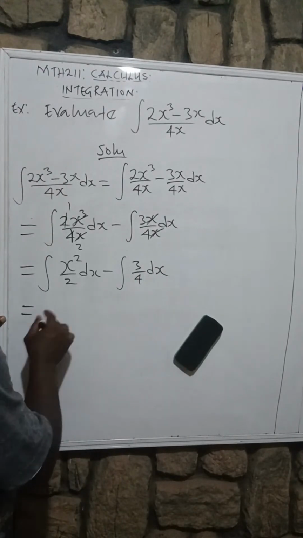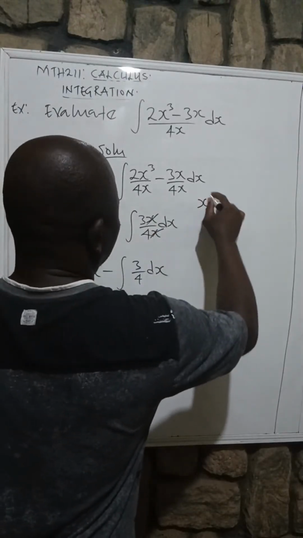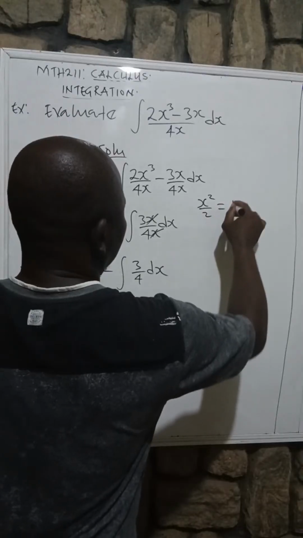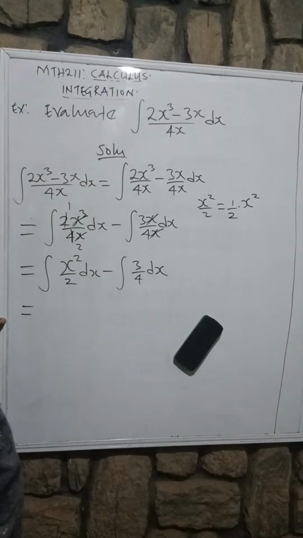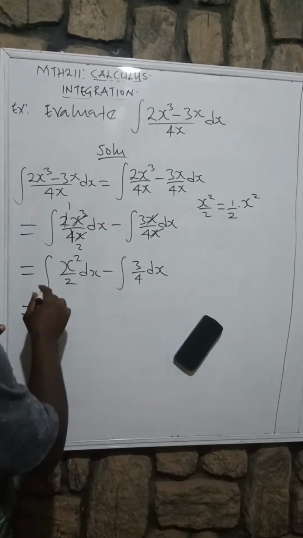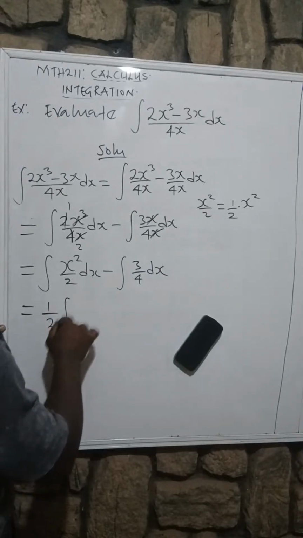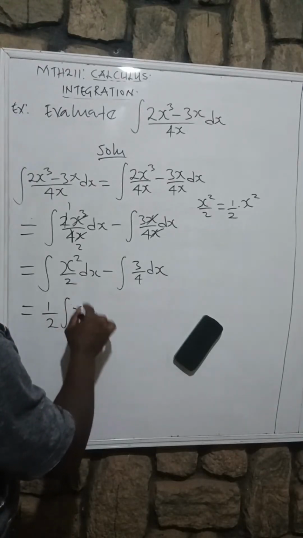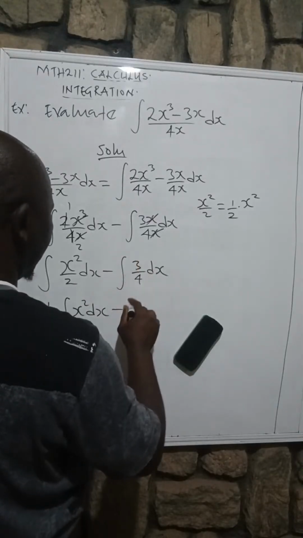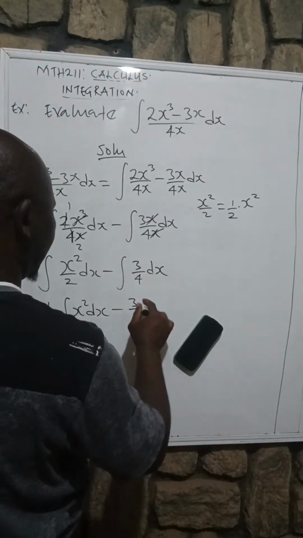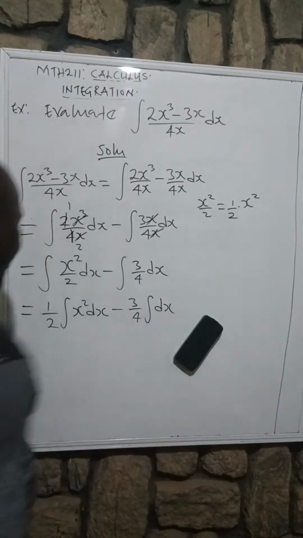It's true. Then x squared all over 2 is the same thing as 1 all over 2 times x raised to power 2. So we can factor 1 all over 2 outside as a constant, then x squared dx minus factor 3 all over 4 out, a constant, dx, right?